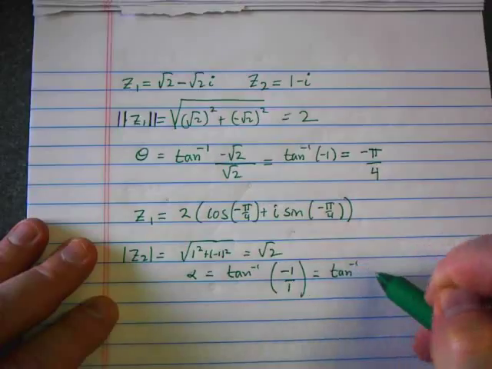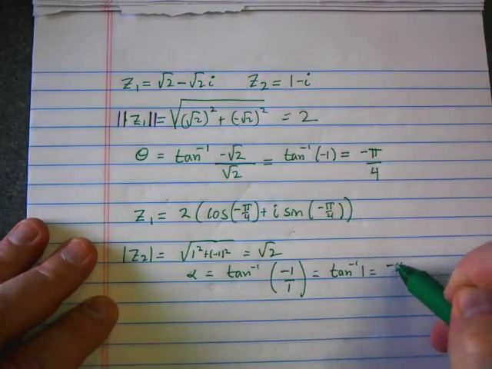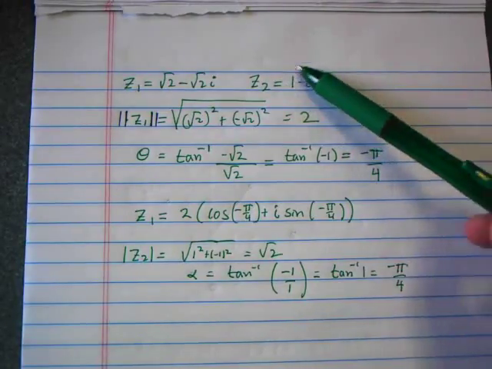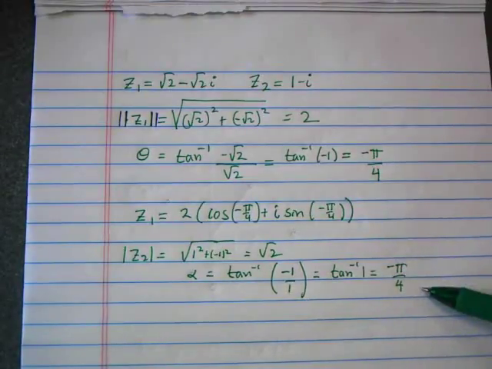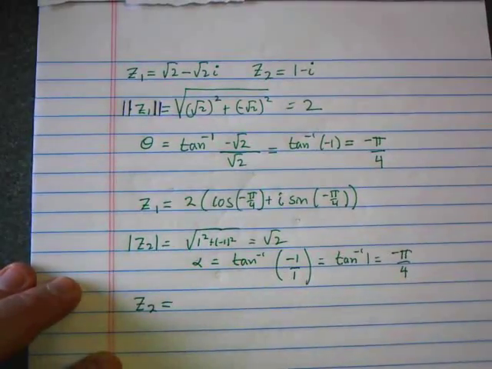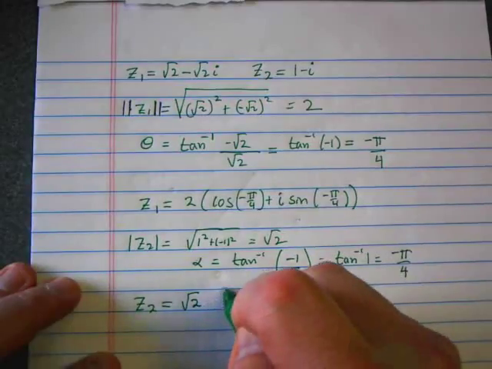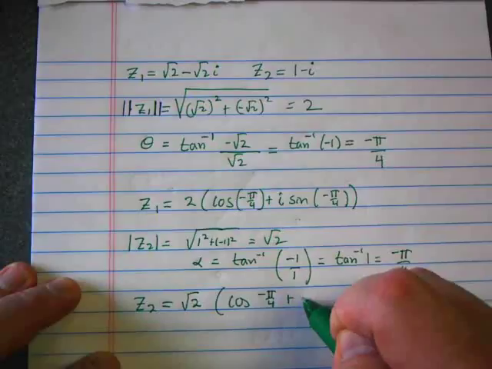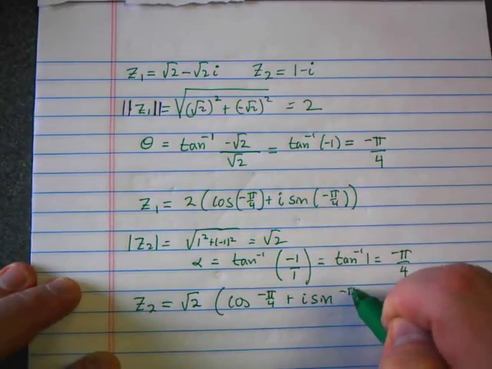That's the tangent inverse of negative 1, which is still negative pi over 4. And again, I'm still in the correct quadrant because this original point was in quadrant 4. Negative pi over 4 is in quadrant 4. So again, check your quadrants on that. All right, so Z2 in polar form is square root of 2 times cosine negative pi over 4 plus i sine negative pi over 4.